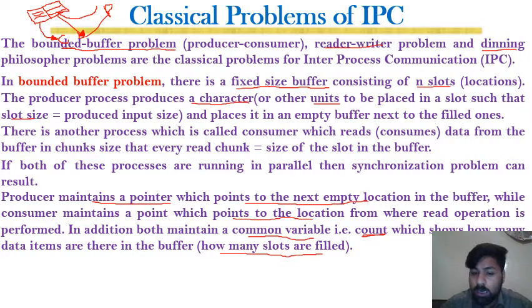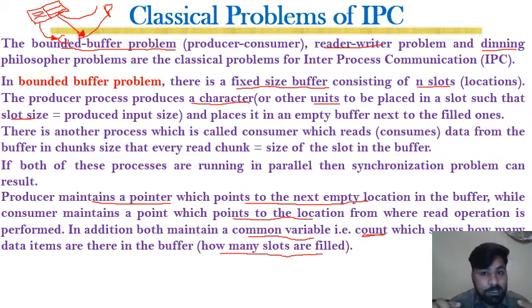Count is a shared variable: once data is inserted in the buffer, the producer will have to increment the count, and once a data item is read from the buffer, the consumer will have to decrement the count. So count is a shared variable, simultaneously maintained by two processes.